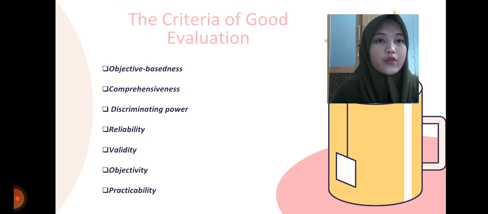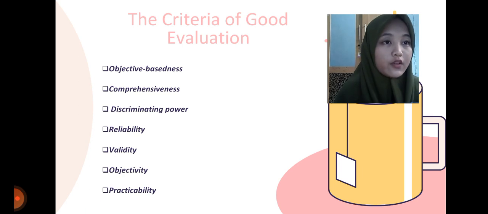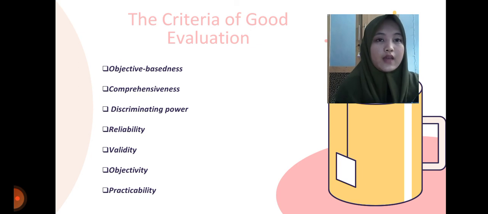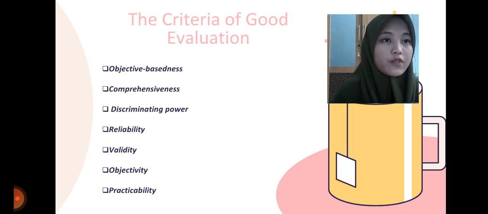Second, comprehensiveness. A tool should cover all points expected to be learned by the pupils. It should also cover all the predetermined objectives. This is referred to as comprehensiveness. And then third, discriminating power. A good evaluation tool should be able to discriminate the respondents on the basis of the phenomena measured.